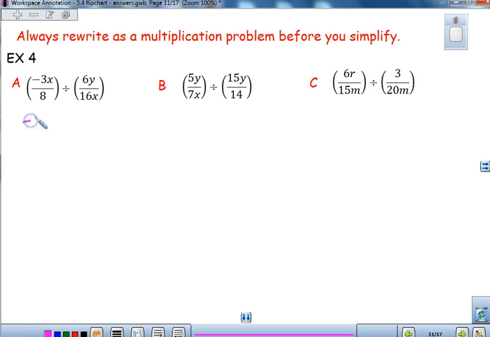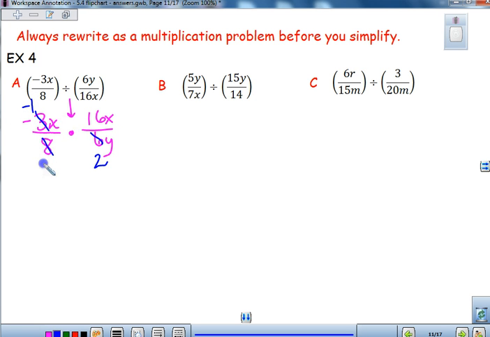So if I look at this, the first thing I want to do is rewrite my problem. Negative 3x divided by 8, changing division to multiplying, and now I'm rewriting it as 16x over 6y. As I simplify, I notice that 3 and 6 have common factors of 3. 3 goes in here once, and this would be a negative 1, and 6 becomes 2.